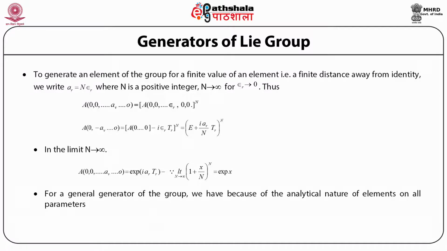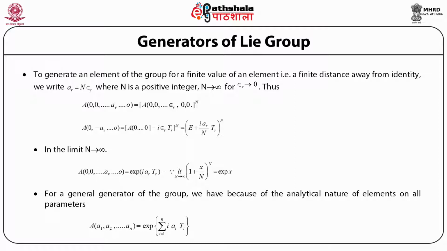Thus, for a general generator of the group, because of the analytic nature of the elements in all parameters, the group element can be evaluated at finite values of the n parameters. If you want to generate an element of the group for parameter values a1, a2, ..., an, then this can be written as exponential of I summed over i from 1 to n of ai ti, where ti are the generators.